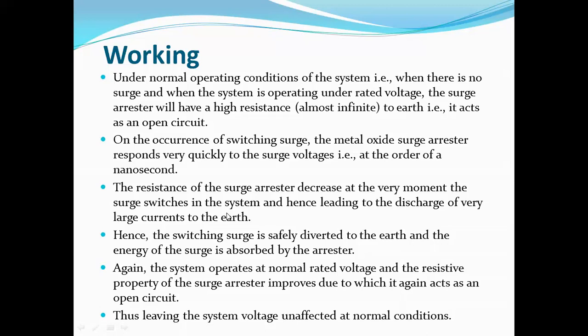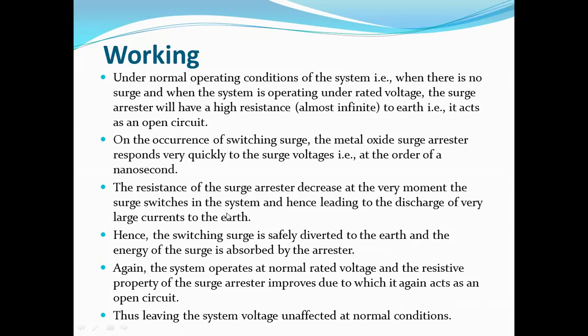So at that time, this metal oxide arrestor will again operate under normal working condition, and its resistance gets increased. Increased resistance means it acts as an open circuit, thus leaving the system voltage unaffected at normal conditions. When the voltage is normal, there will be no effect on the system.